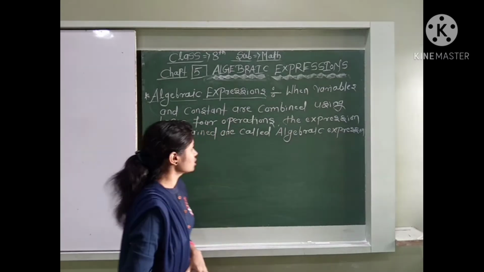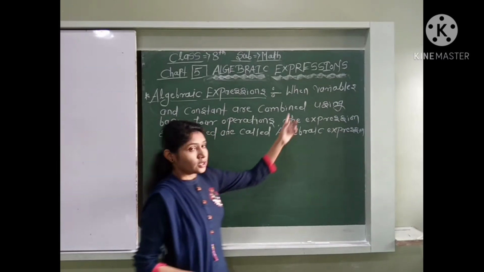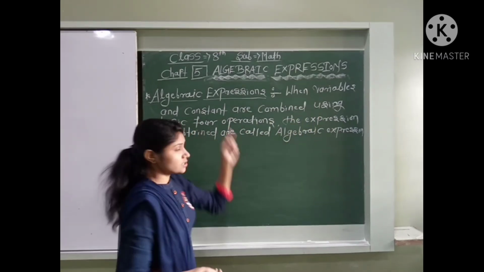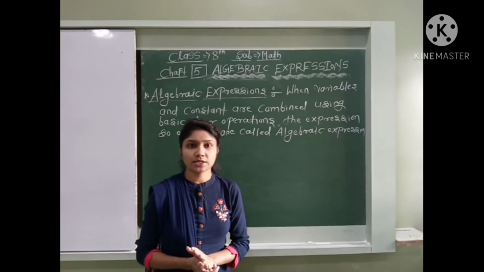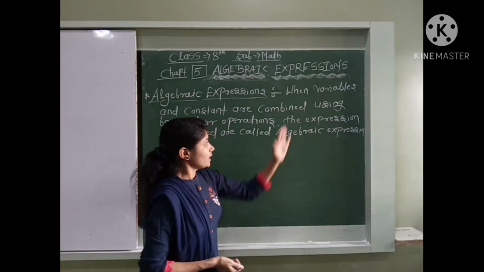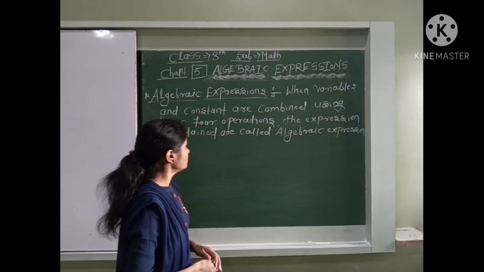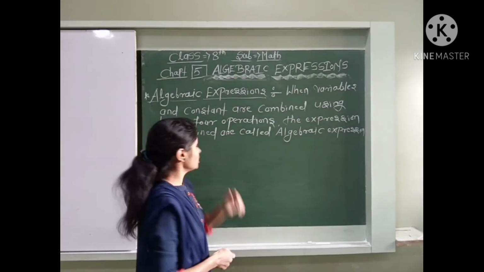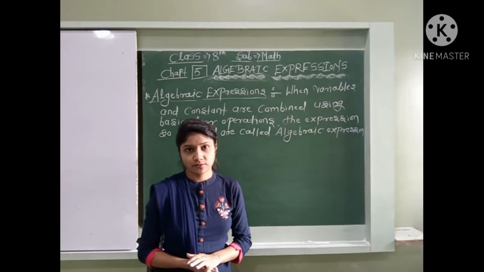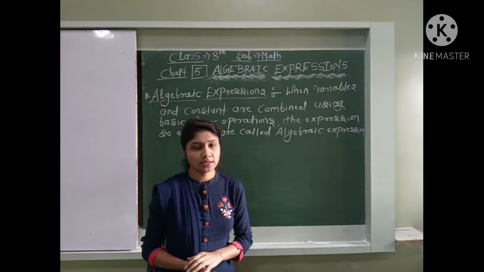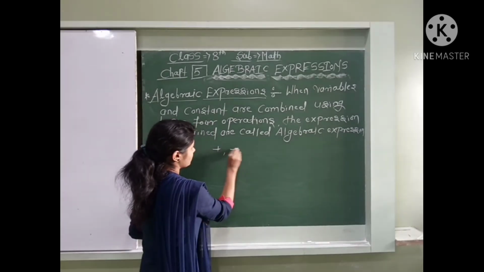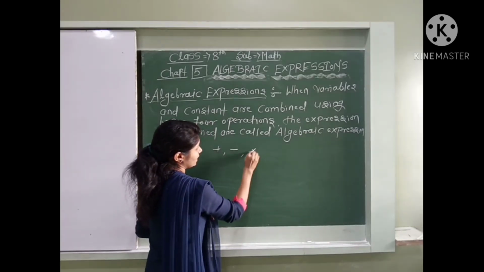See, students, an algebraic expression is formed when variables and constants are combined using the basic four operations. All of you know the mathematical operations: plus, minus, multiplication and division.